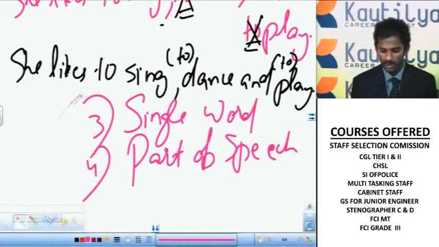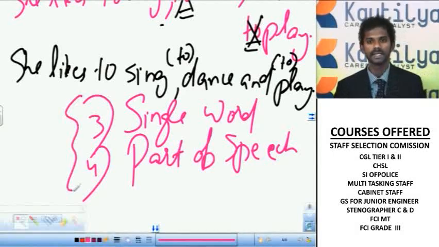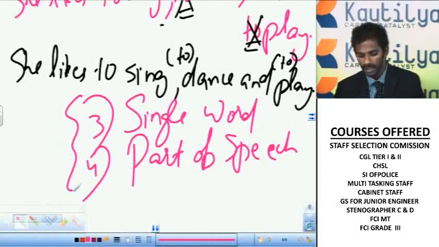Now these two concepts must be taken together, in the sense that parts of speech are for words, right? So if one idea is a single word, all the other ideas must also be single words.